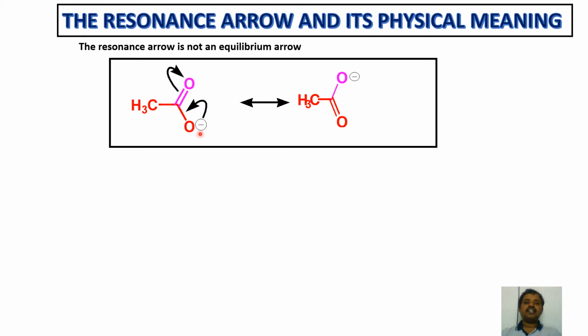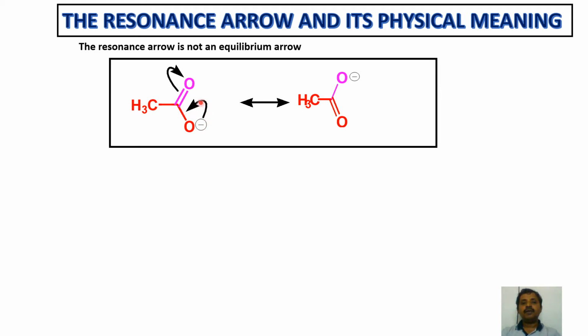Oxygen with red color is having a negative charge, whereas here the oxygen with pink color is having a negative charge. This is possible with the movement of electrons. Always you have to mention the movement of lone pair of electrons. The negative charge is moving.